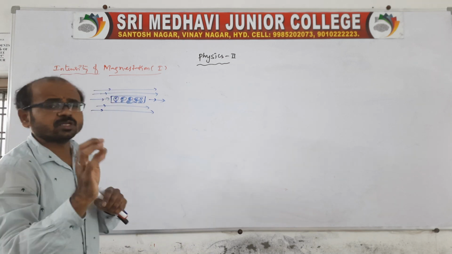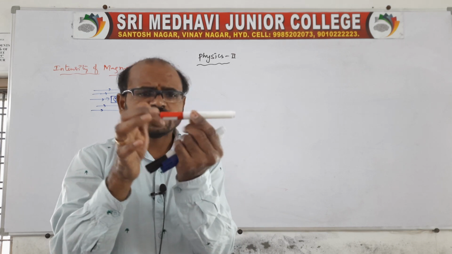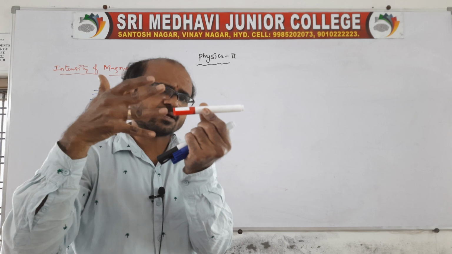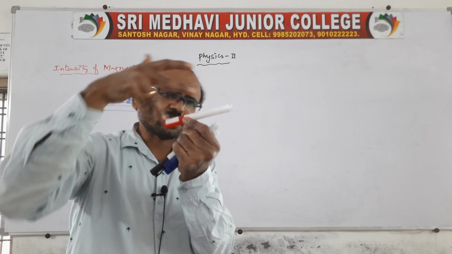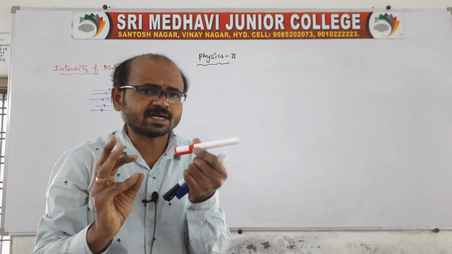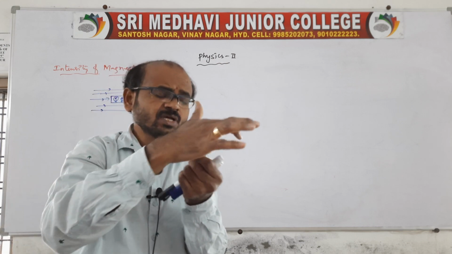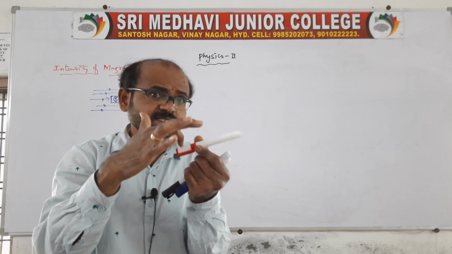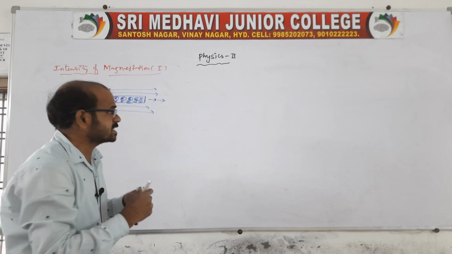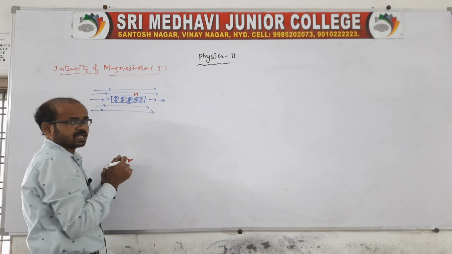For a unit volume of the given bar, when it is placed in the uniform magnetic field, the field lines pass through it, and the bar is forcibly magnetized, because the substance allows the lines of force. Therefore this substance develops a magnetic moment, that is, the magnetic moment of the given bar is capital M.